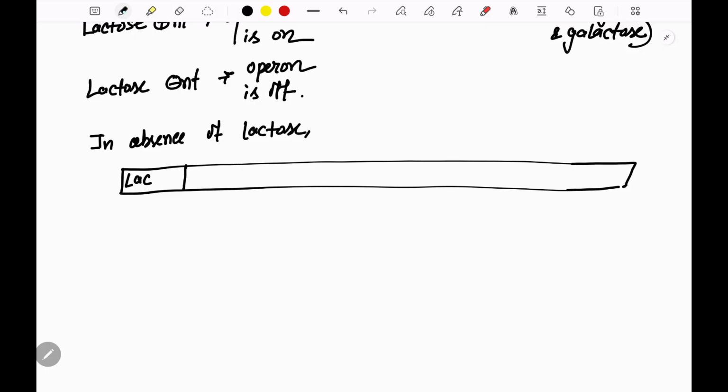Sorry. So now I will describe the structural components of this gene.